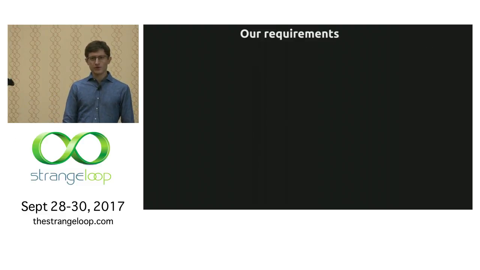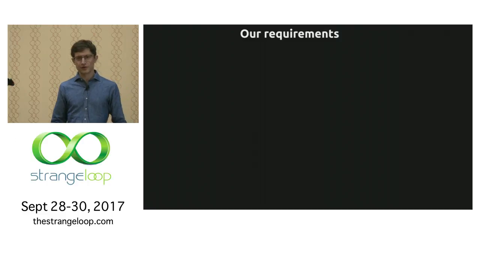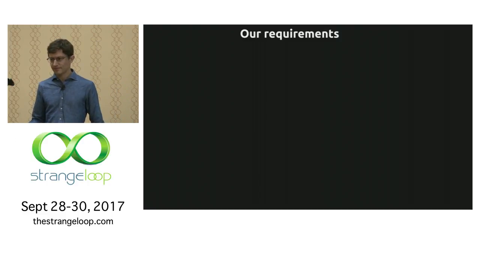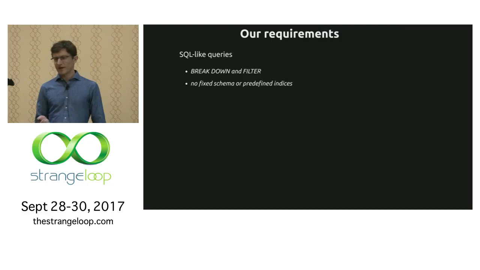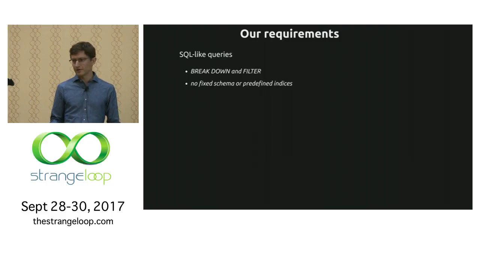So what do you need in a data store that can serve this kind of features? Well, we need to issue queries. And we have a fairly flexible sort of query model. So we have these operations like breakdown, saying take the events that you've sent and break them down by the value of some field, like breakdown by endpoint or breakdown by user ID.